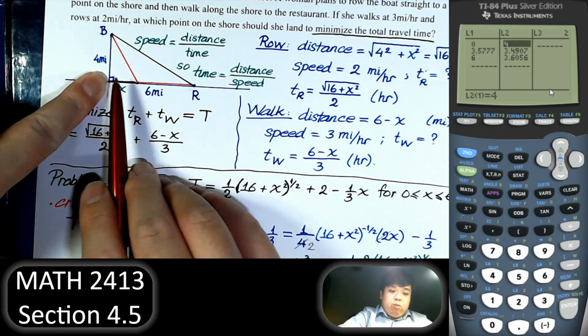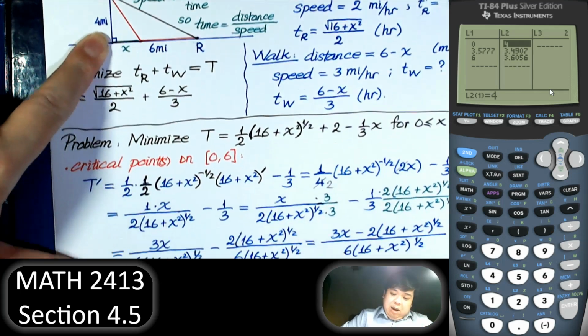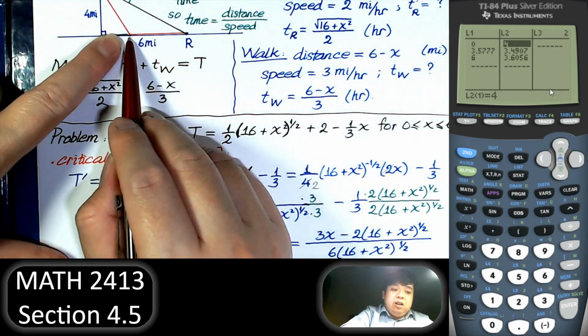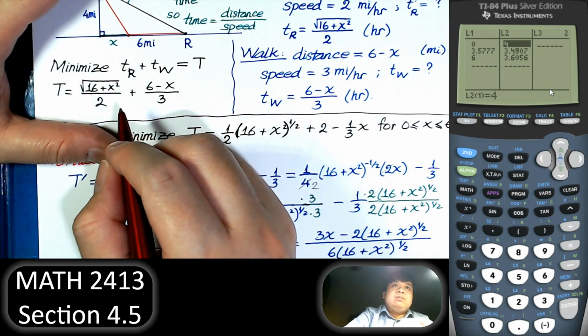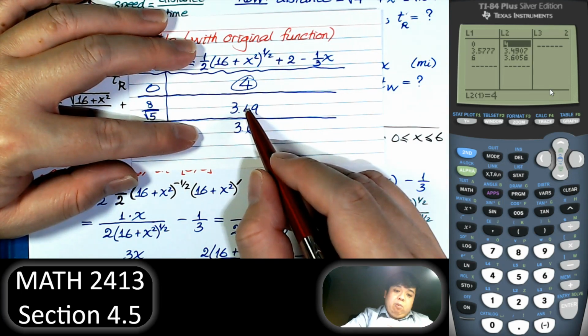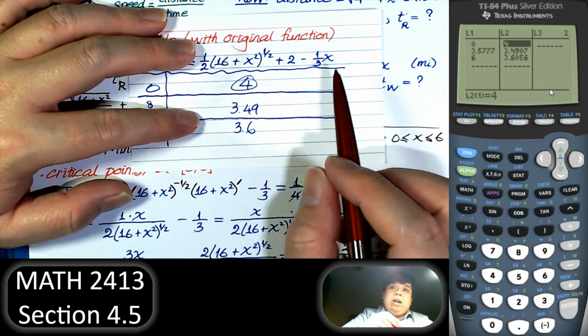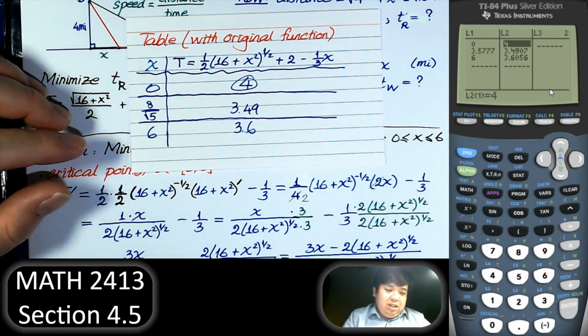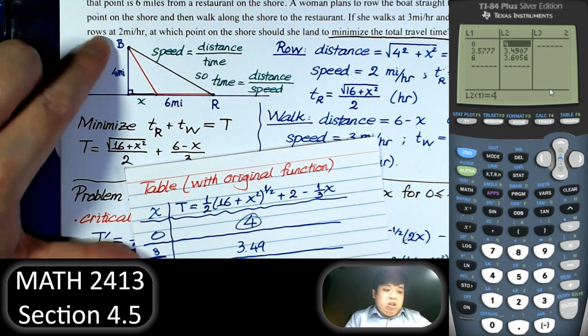She has to aim for about 3.578 miles and then walk the rest. In that case, she will save about 0.1 of an hour, so it saves about 6 minutes compared to rowing straight.